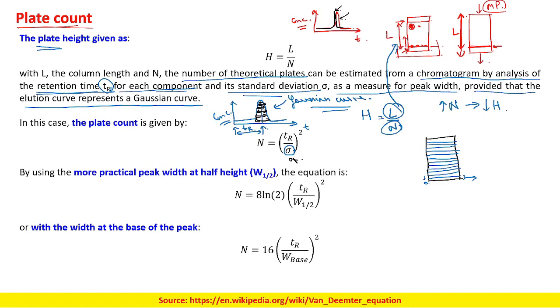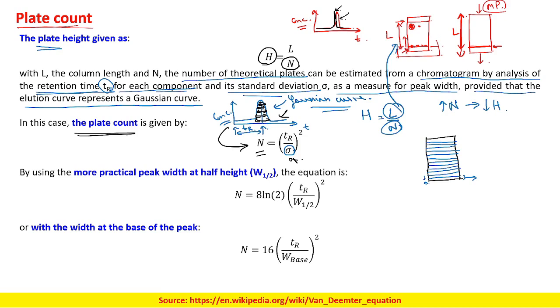Okay, now in this case the plate count, because we don't know how many plates will be there, we also don't know what should be the height of the plate or the width of the plate, whatever you want to say. So we don't know any of this. What we get, we just get this type of curve, right? Now when we are getting this kind of curve, from that curve only we need to estimate, I'm again telling, we need to estimate the number of the plates.